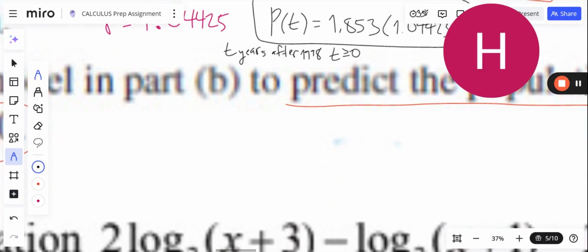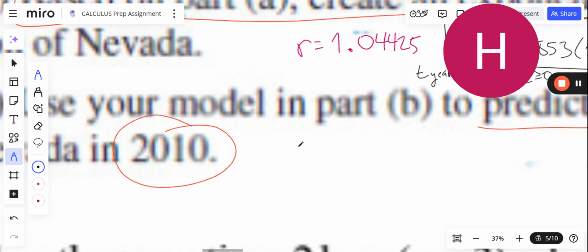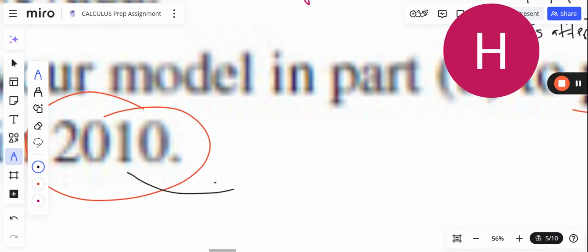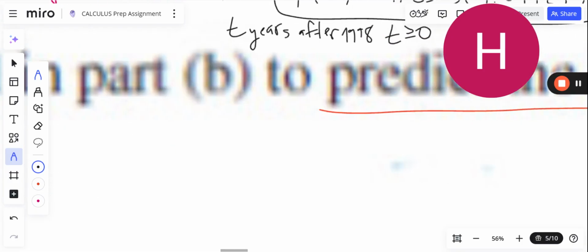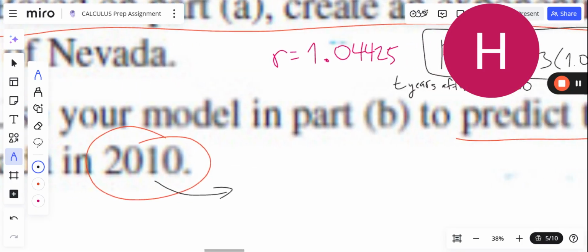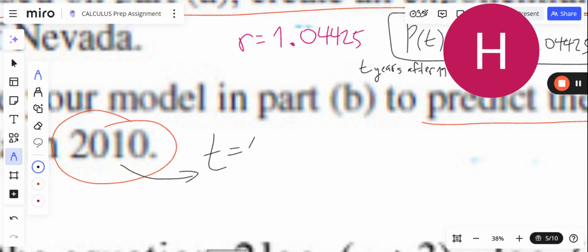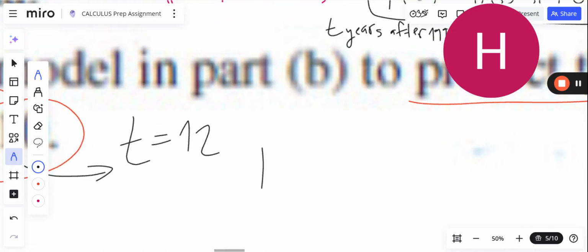Okay, so that's what's going to tell us to plug in 2010 minus 1998, or in other words, 12. And we can simply plug it into the model.